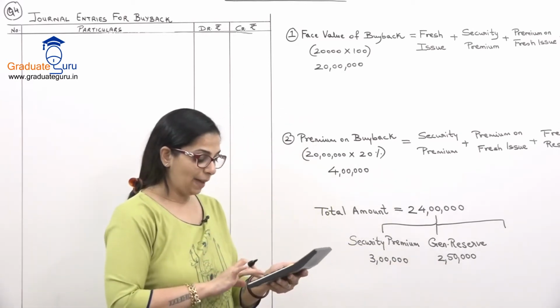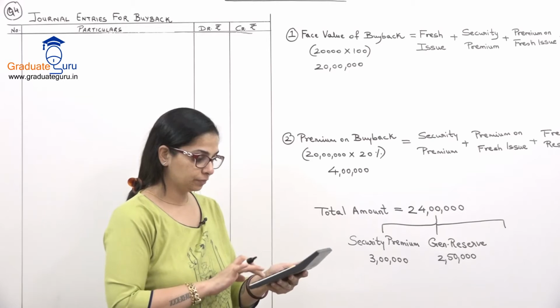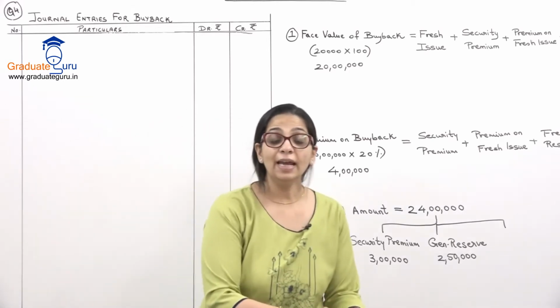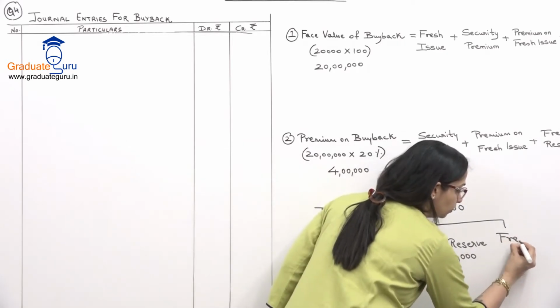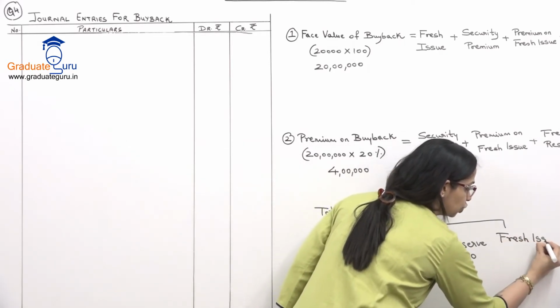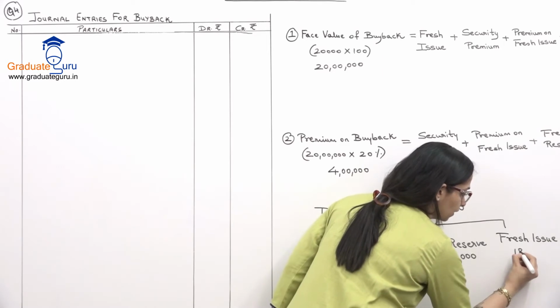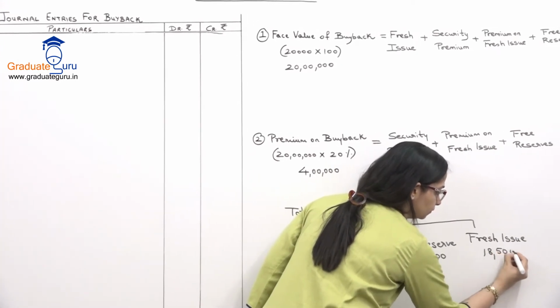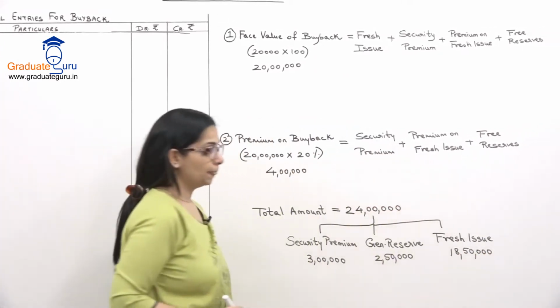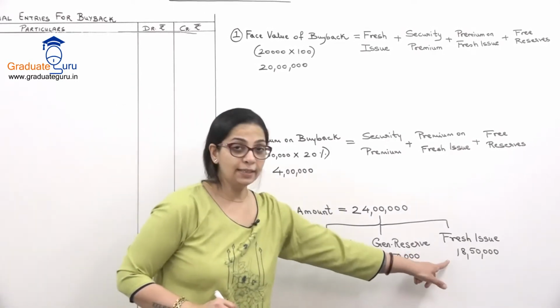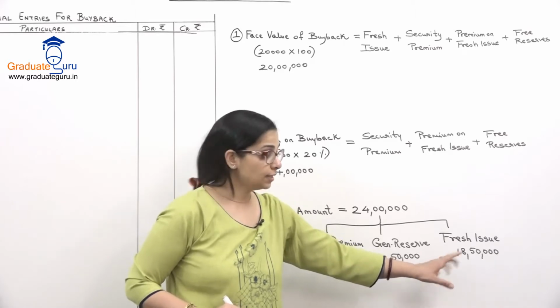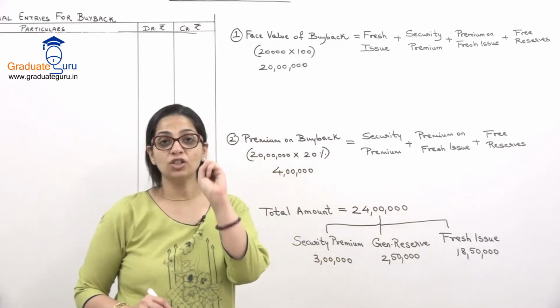So what is the balance which I will need? It will be 18,50,000. And this will be your fresh issue. Now, this 18,50,000 is the total amount of fresh issue.